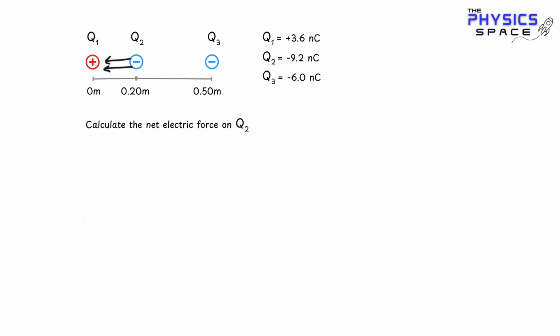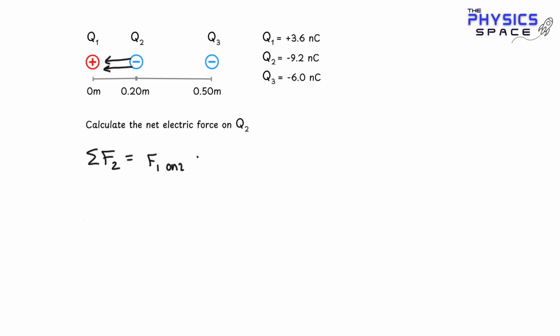So when we have our force diagram, we're going to translate that into a net force equation. We have the net force on 2. We're going to say here that we have the force that Q1 exerts on Q2, so again, that's pointing to the left.